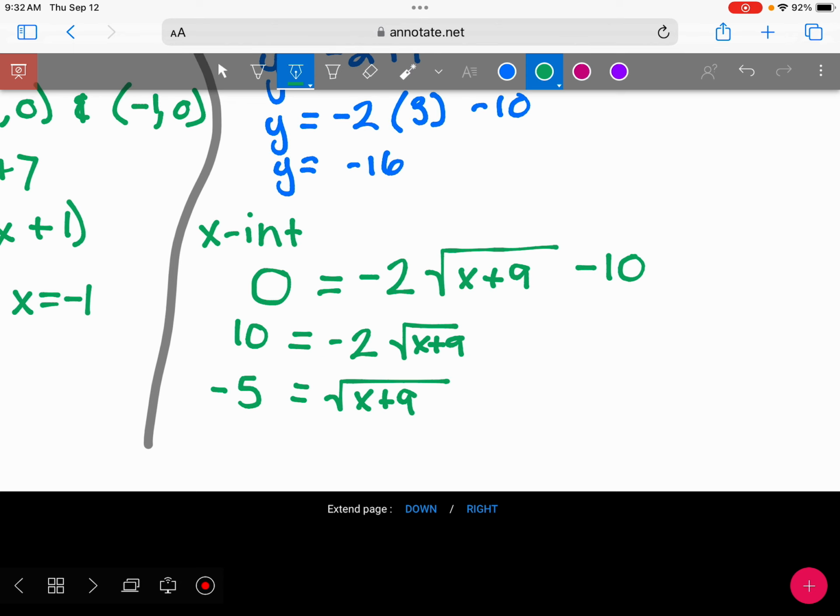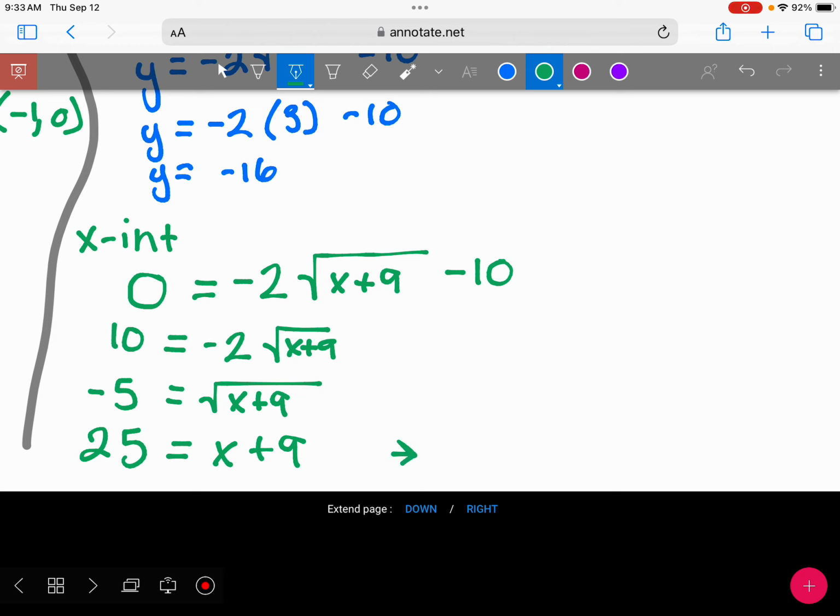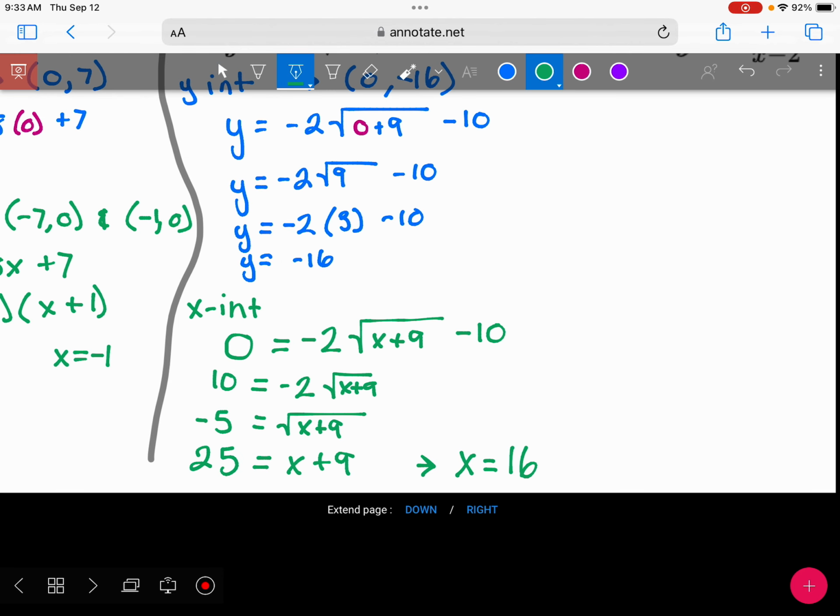Then what? Square it. So I have 25 equals x plus 9. Subtract 9. So what do we get for x? 16. So my x-intercept is happening at (16, 0).